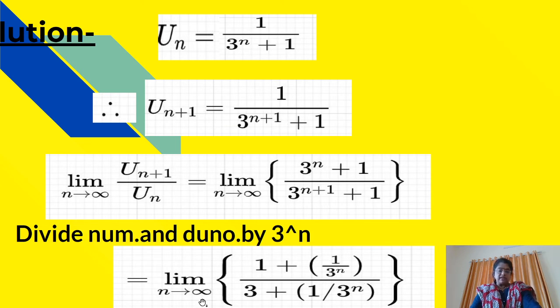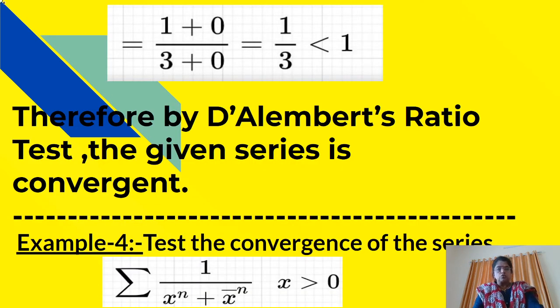Now when n tends to infinity, 1 upon 3 raised to n tends to 0 in the numerator and denominator also, and therefore we get 1 plus 0 upon 3 plus 0, which is equal to 1 by 3, which is less than 1. And therefore by D'Alembert's ratio test, the given series is convergent.